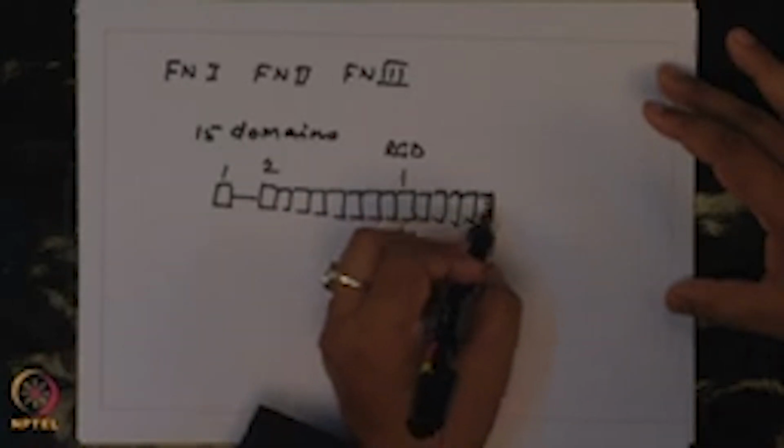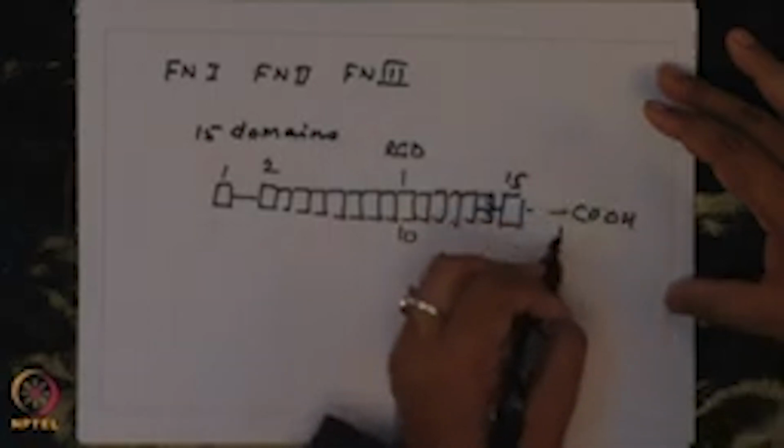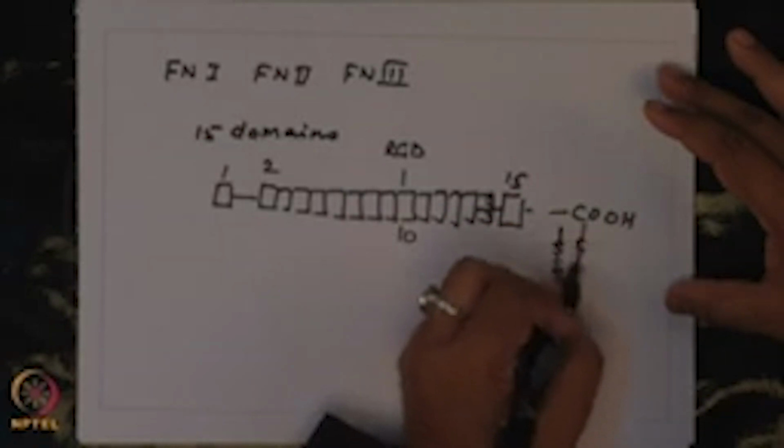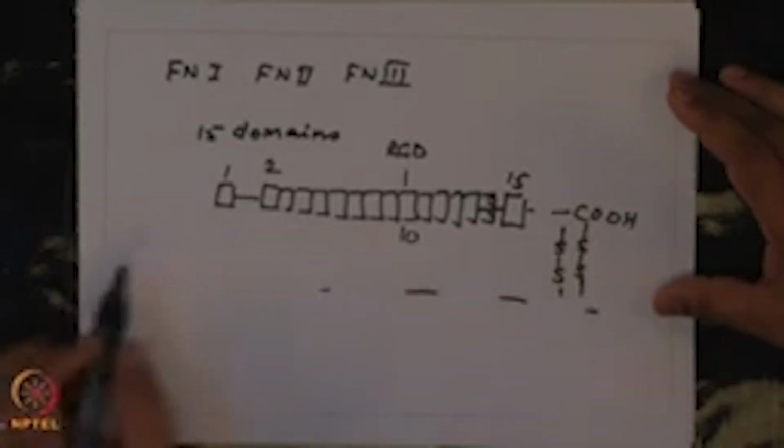Of these 15 domains, 14 and 15 are also connected by a linker, and towards the end you have your COOH and the disulfide bridges. This is how fibronectin is.